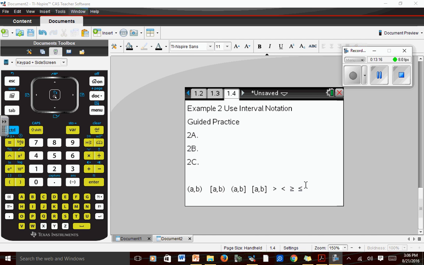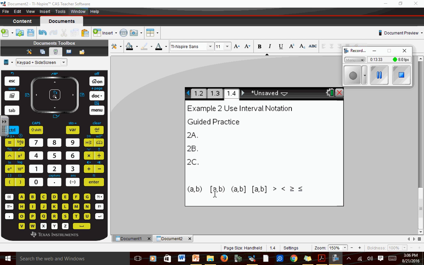So you can see in the book that they're going to have all these different combinations of these symbols of brackets and parentheses. And here we got from the starting point to the ending point, and it doesn't include the points A and B. It's everything in between.